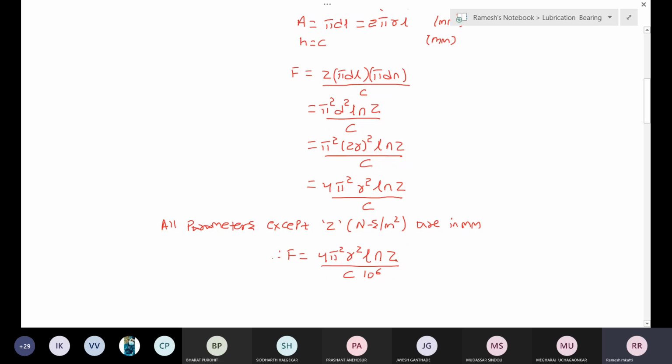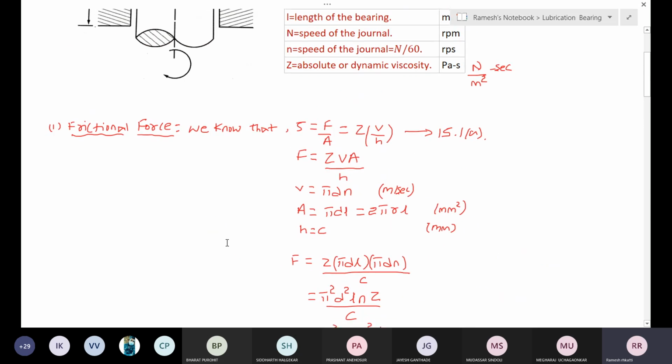If you take this to the numerator, it will be 10 raised to minus 6. This equation is there in your data. That is the frictional force, equation 15.3b.